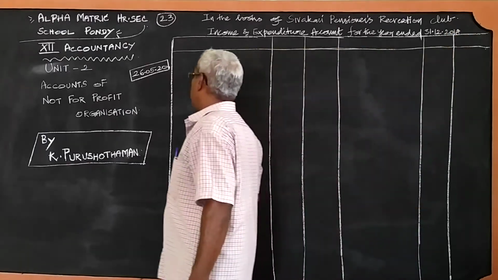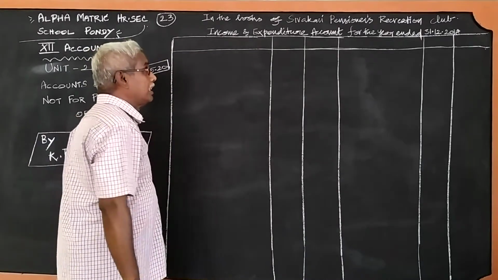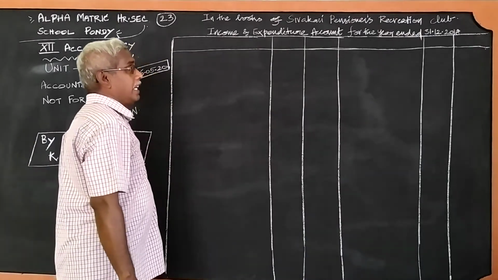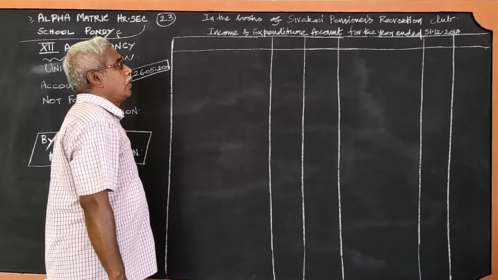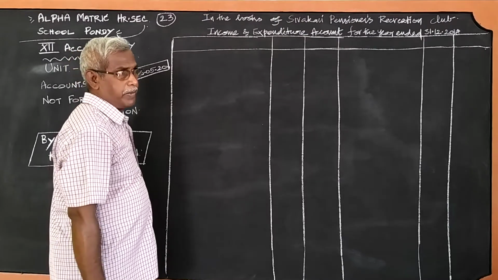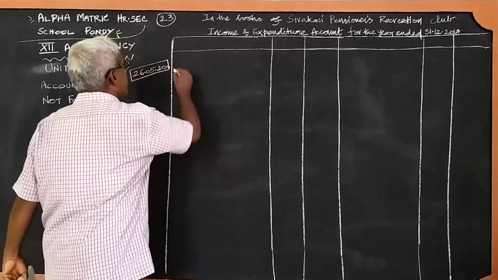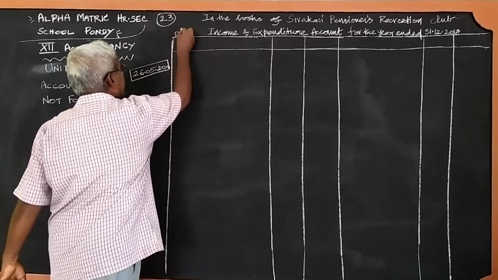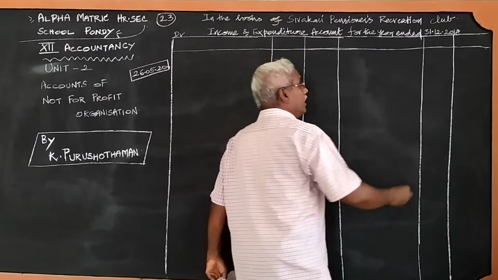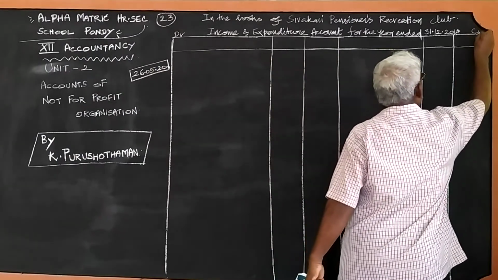We are asked to prepare both the income and expenditure account and the balance sheet. So, as a first step, we are preparing the income and expenditure account. Since this is an account, we should write debtor on the left and creditor on the right hand side corner.